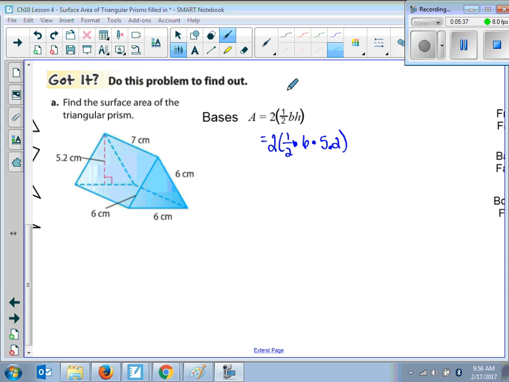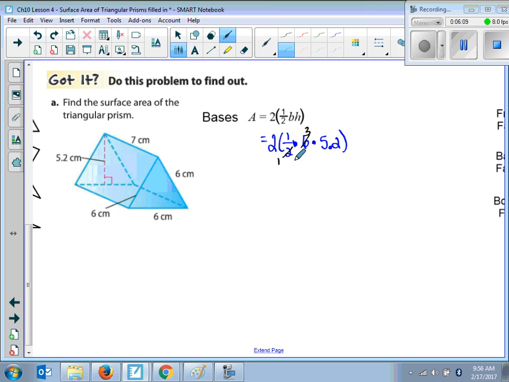So there's my substitution, and now I'm going to simplify before I multiply. Okay? So you can see that here I have a 2 on the top and a 2 on the bottom. Can I simplify those? Or I can simplify the 2 and the, let's do this 2 and the 6. 2 divided by 2 is 1. And 6 divided by 2 is 3. And now we can multiply 2 times 1 times 3 times 5.2, all divided by 1.